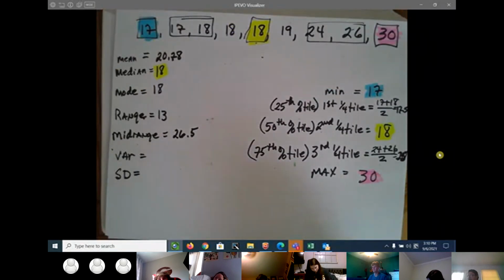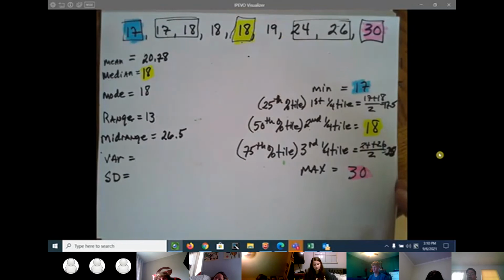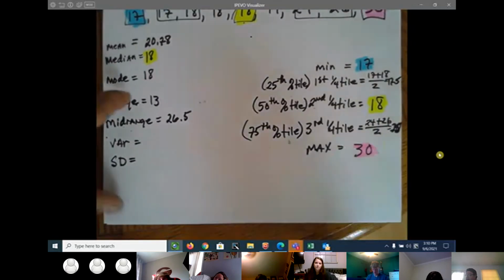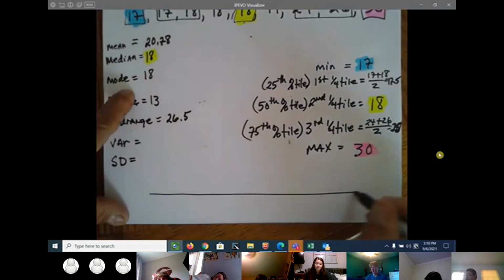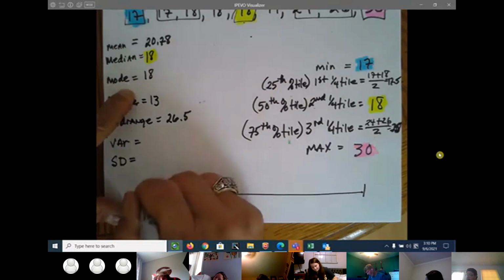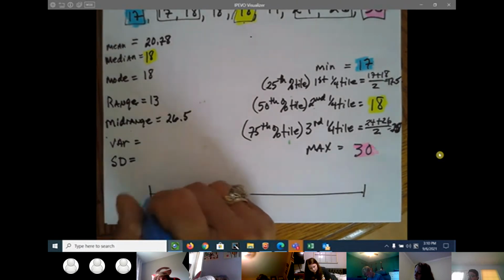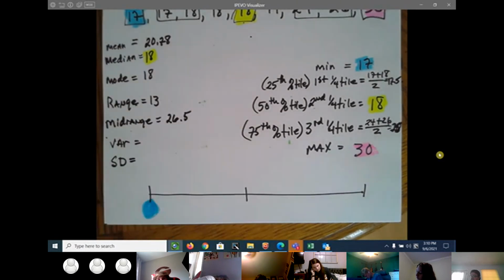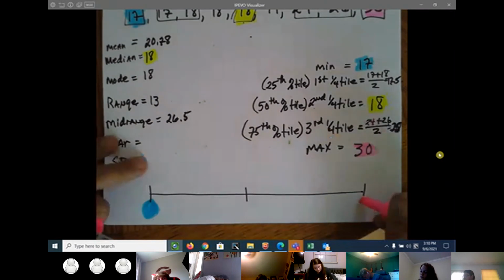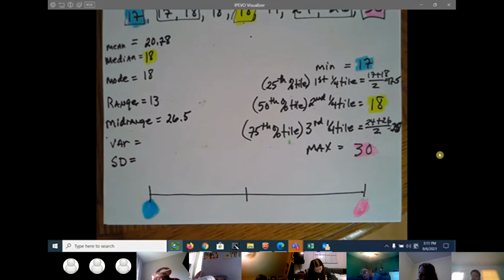So this is what you do. First thing you do when you draw a box plot is you draw a line. And that line is going to consist of 3 numbers at first. The min, the max, and we haven't got one of them. We have to calculate it.